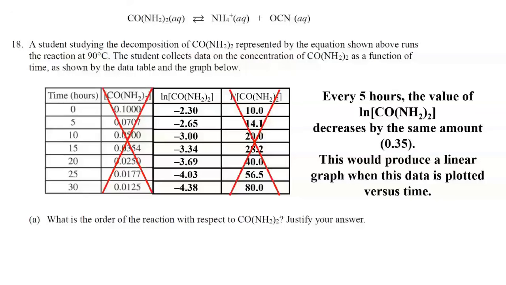So effectively, I can tell that this is going to be a linear relationship. Every 5 hours, the value of the natural log of the concentration is decreasing by approximately the exact same amount. And if you did plot this data with natural log of concentration on the y-axis, time in hours on the x-axis, you would get a straight line.